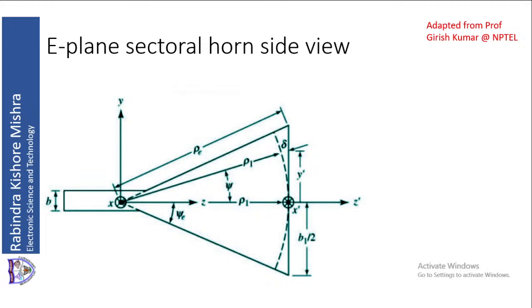At the center point there is no path difference. The center point and R0 or rho 1 are the same point, so there is no phase difference. But as you keep on moving towards the edge, there is a path difference, and you know the path difference gives rise to a phase difference.